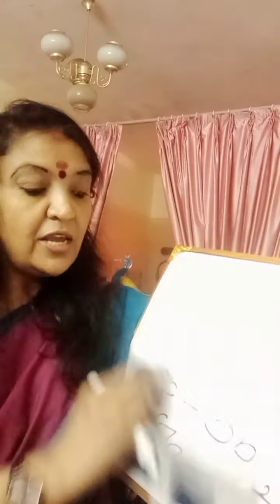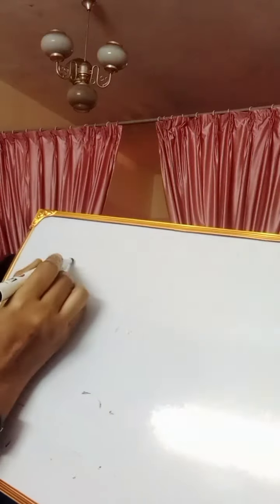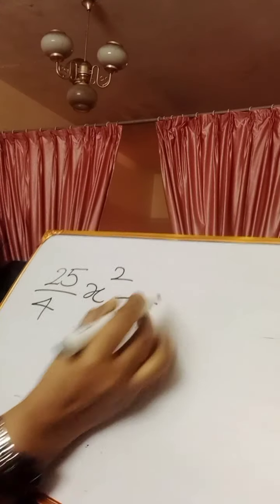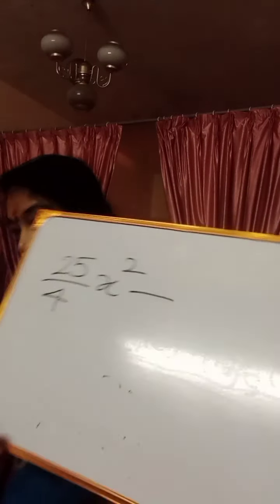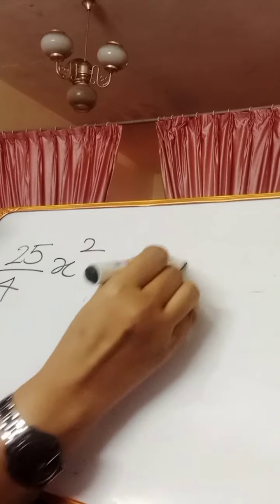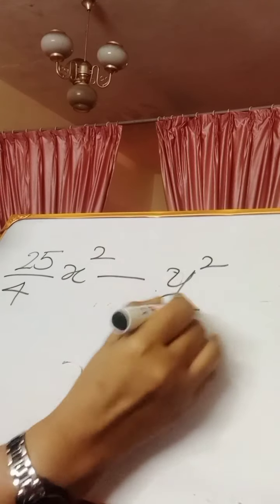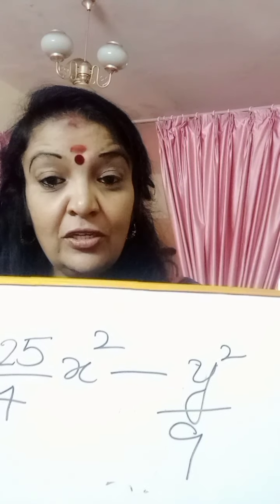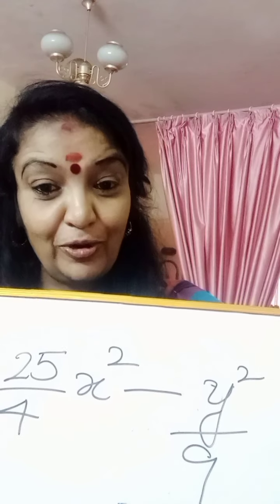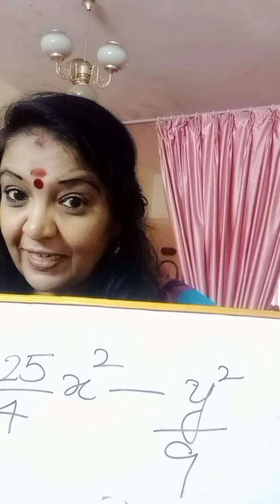For the second example, first you have to identify the polynomial. It is 25 by 4 x square minus y square by 9. This contains only two terms, but it is also a second degree polynomial. This is also our identity.